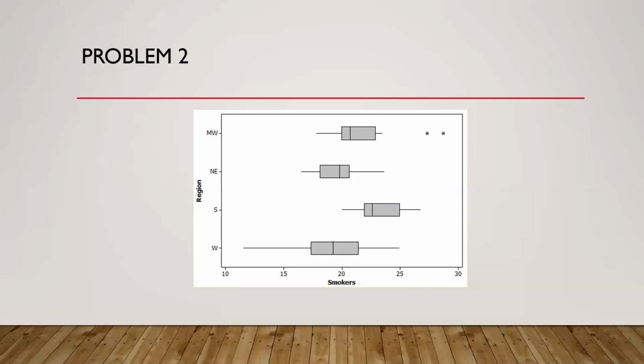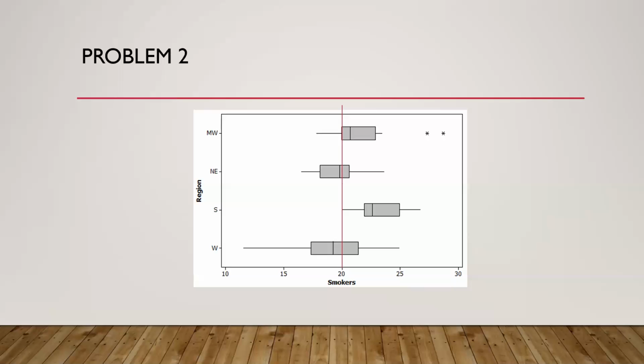Now for part E, it says the smoking rate is at least 20% in what percent of the Midwestern states? So here's what we'll do. We'll look up 20 on the horizontal axis because those numbers represent the percentage of smokers. I'll draw a vertical line above that. And you know that roughly coincides with the left edge of the box for the Midwest.